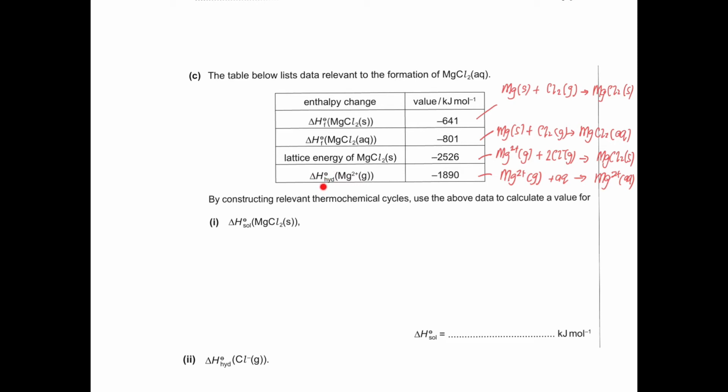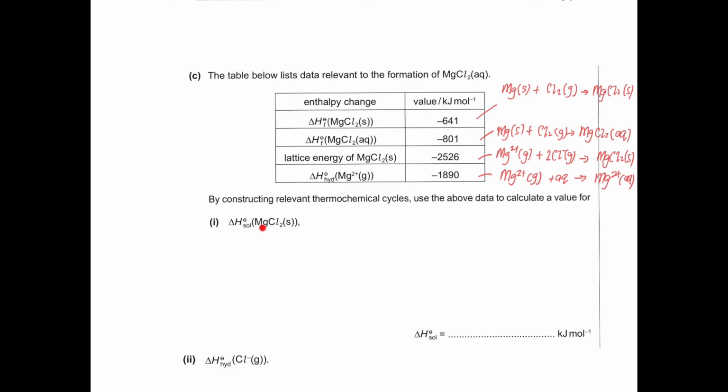For hydration, they give separate values for the positive ion and negative ions. But for solution, there is only one value for the positive and negative ions together. So this is 2 in 1, but hydration has 2 separate values. We have to make ourselves clear on this.